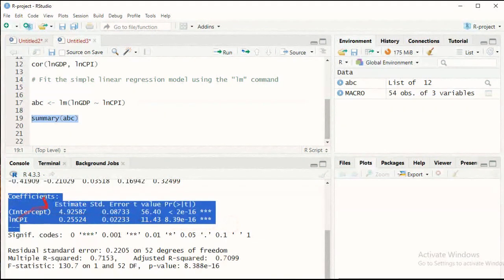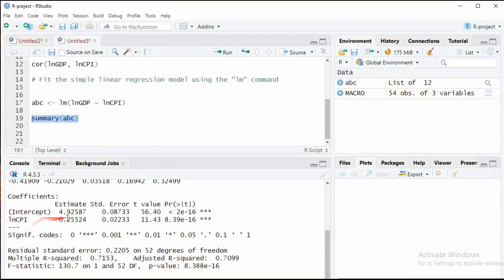In the first case, the estimated coefficient for the intercept, that is alpha, is 4.92587, with the standard error of 0.08733 and the t-value that is very large, which is reported to be 56.4, and the probability value, which is reported in terms of scientific notation, is close to zero.